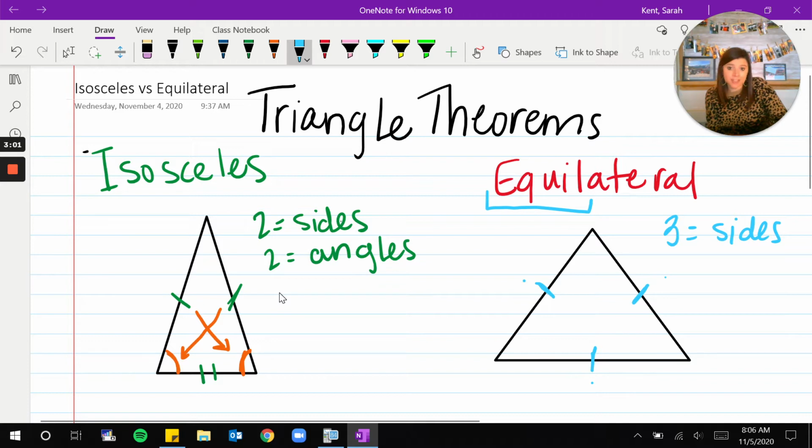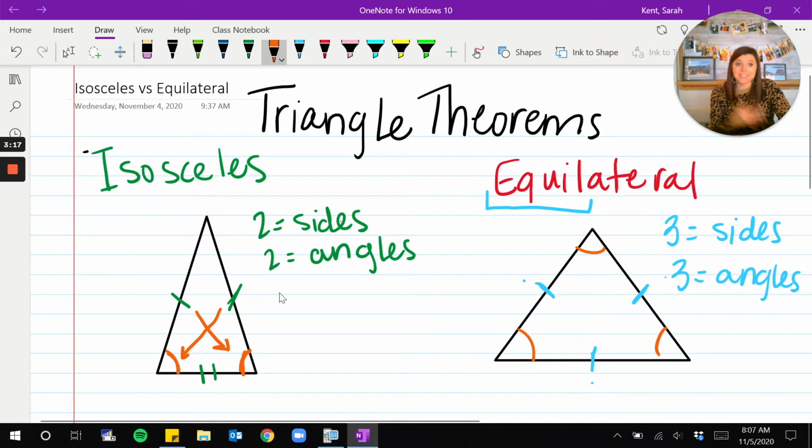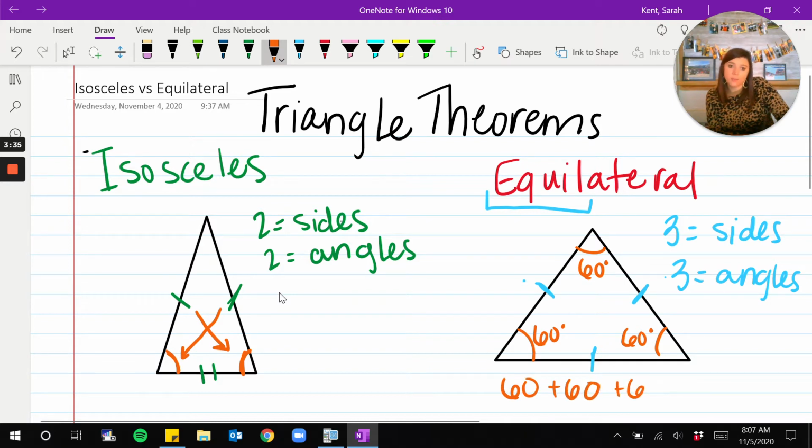And if all three sides are equal, that also means that all three angles are equal. So that means 1, 2, 3 are all the same size. And since we know the three corners of a triangle have to equal 180, that means all three corners will always be 60 degrees, because 60 plus 60 plus 60 equals 180.